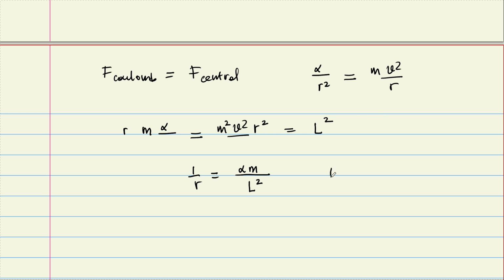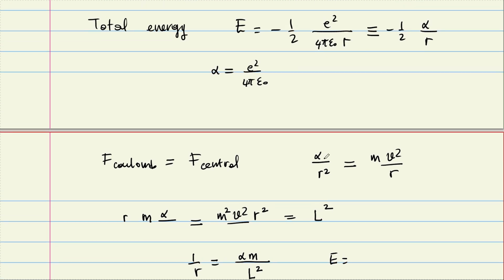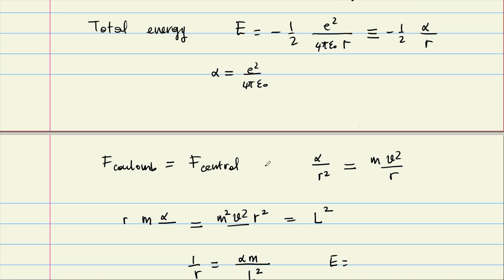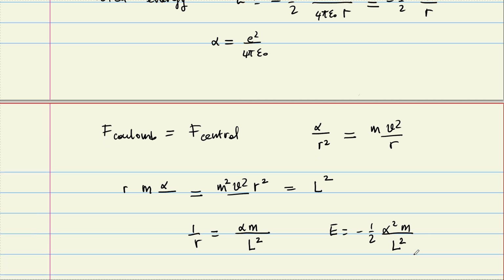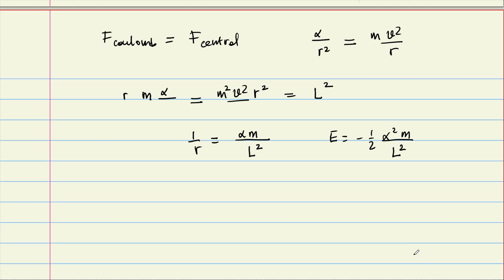And similarly, E is equal to this expression, right? For 1 over r, I can write this expression. So this is going to be minus 1/2 alpha squared m divided by L squared. Is that clear? So I wrote energy in terms of L now, using this 1 over r expression.